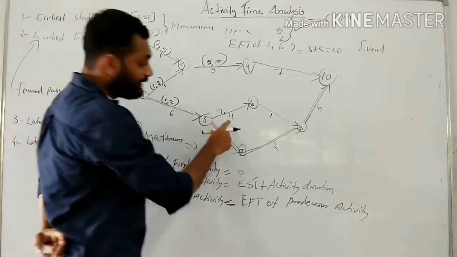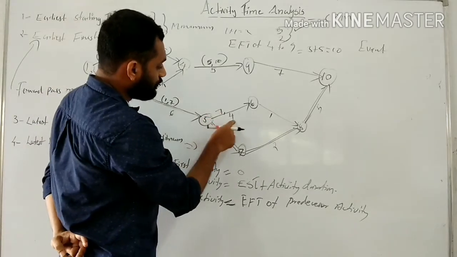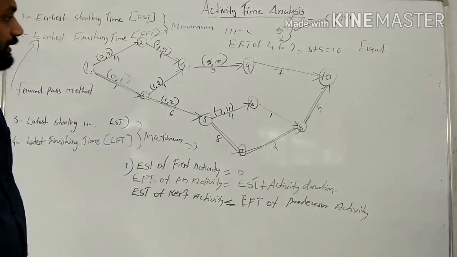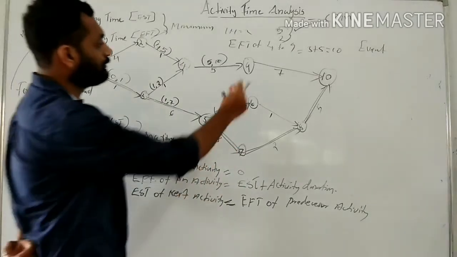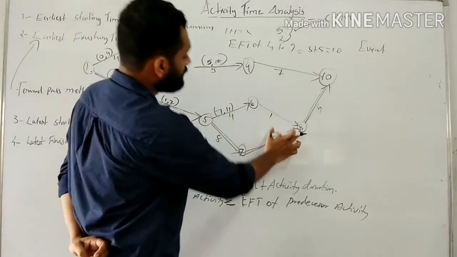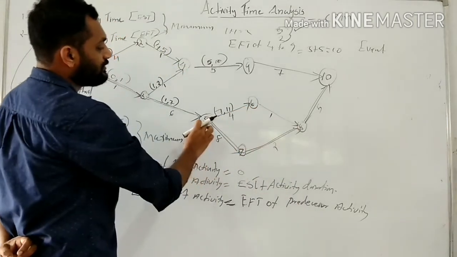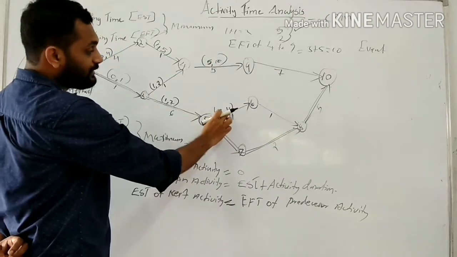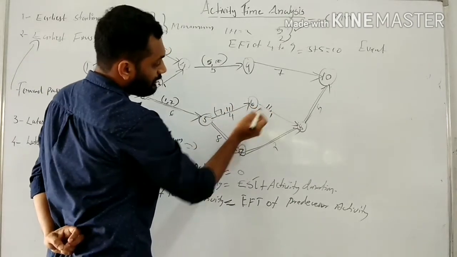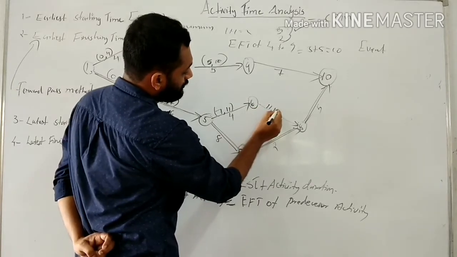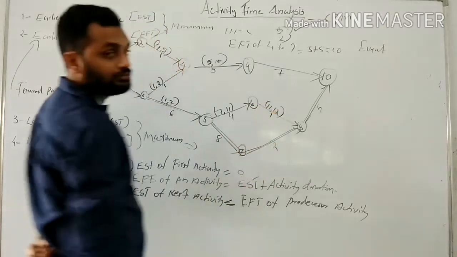Then EFT is equal to 7 plus 4, that is 11. Then next we have 6 to 8. Predecessor activity is 5 to 6, EFT is 11. And EFT is 11 plus 1, activity duration, 12.